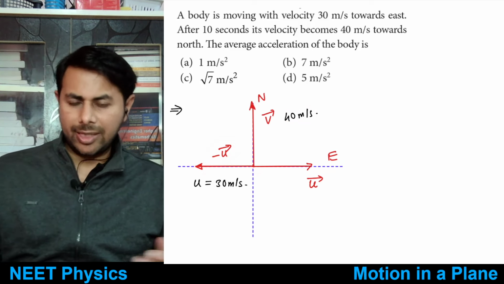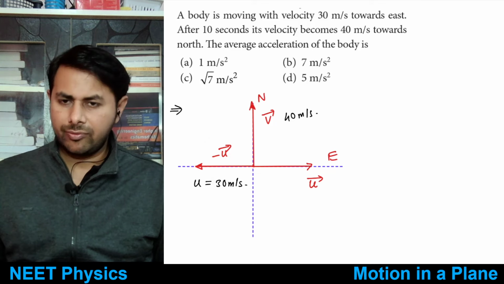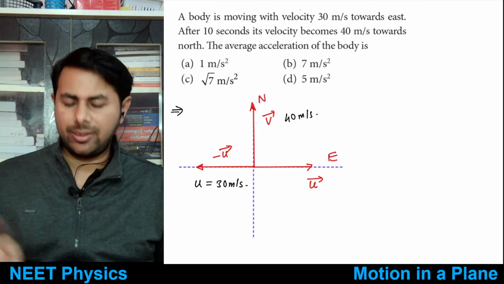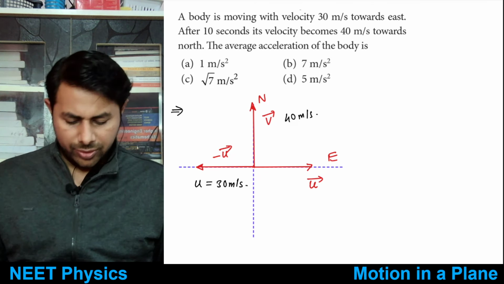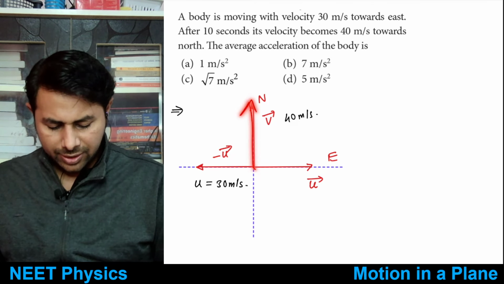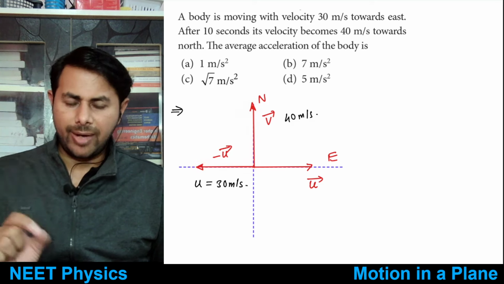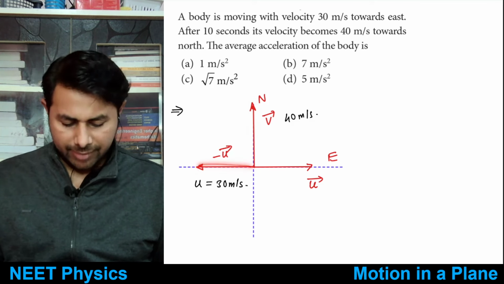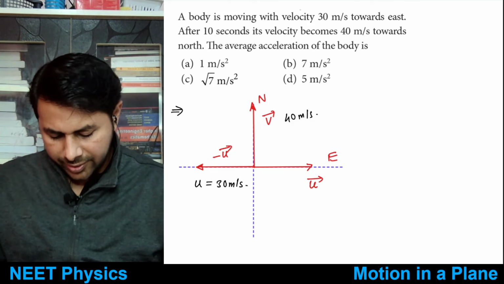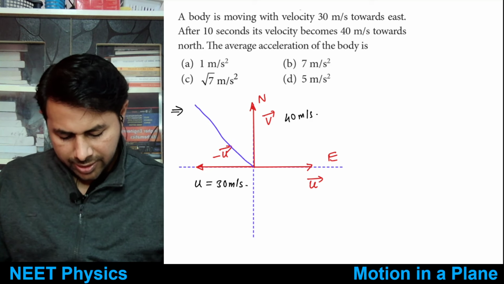Okay, I want v bar minus u bar, right? Because what is acceleration? V bar minus u bar divided by time. So we know, using the parallelogram law of vectors addition, this vector plus this vector, v bar plus minus u bar, that is v bar minus u bar, will be directed like this. This will be the resultant.